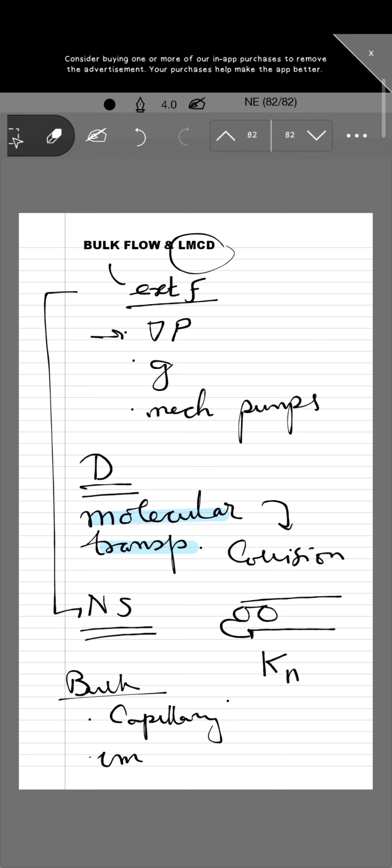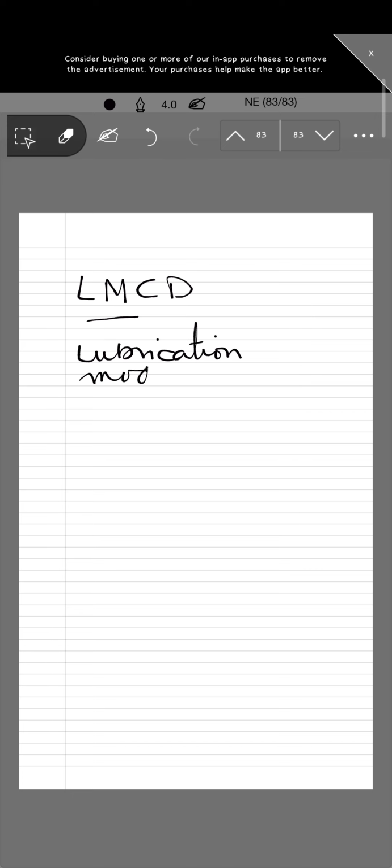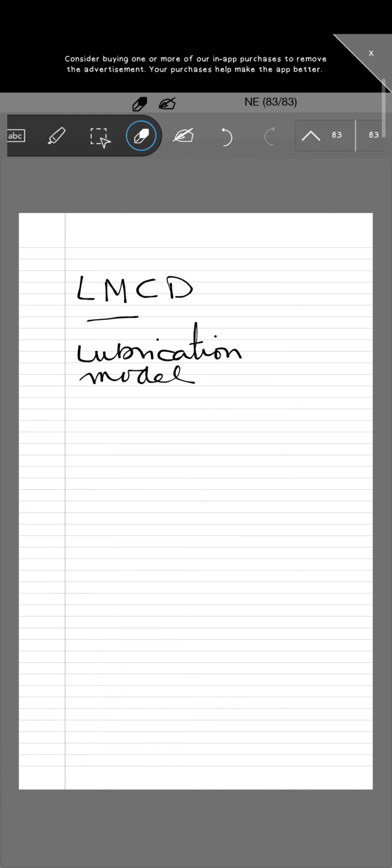So now coming to LMCD. The LM stands for the lubrication model, and the C and D are two different types of flows.